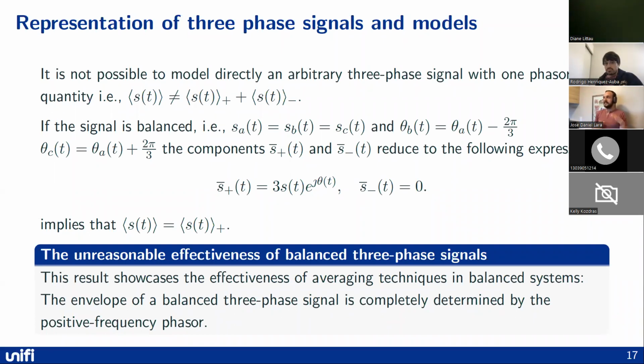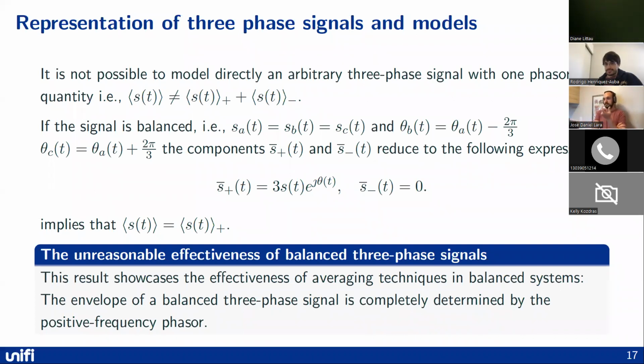Now, if the signal is balanced, and this is what I call the unreasonable effectiveness of balanced three-phase signals, what we obtain when we do the simplifications is that the phasor for the three-phase signal is completely determined by the positive frequencies phasor of that signal.